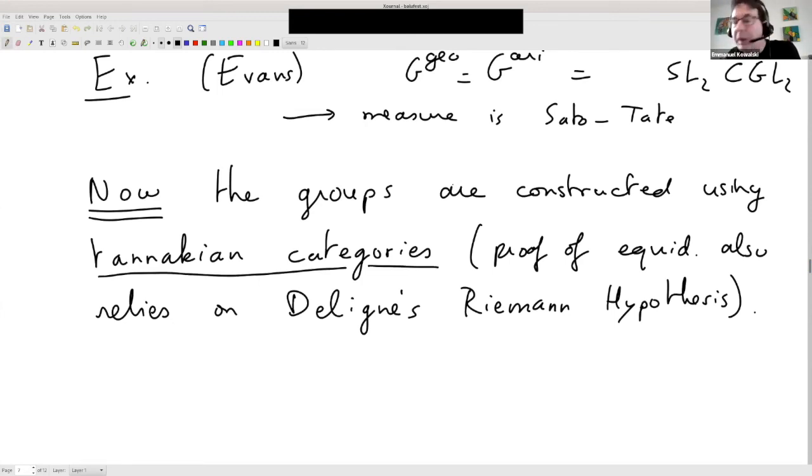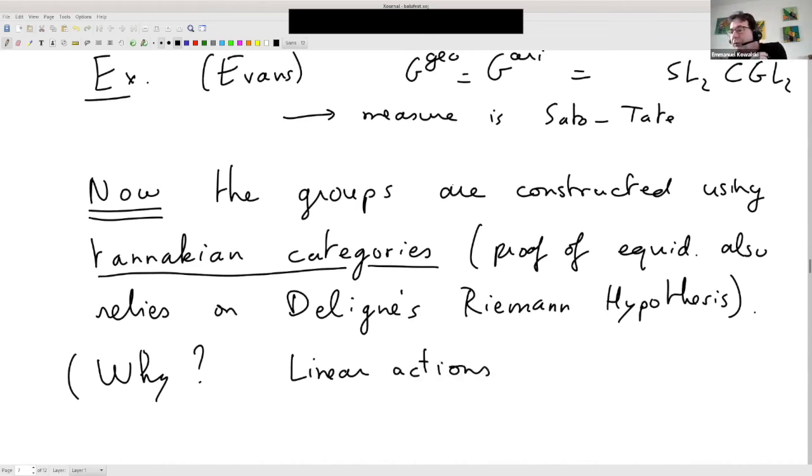So let's maybe take two or three minutes to try and understand why we can get a group out of this kind of situation from a very, very abstract method. In this case, there is, as far as we know, no description with a homomorphism where we take the image or something similar. So what turns out to be the key fact: as I said, the Tannakian description of a group is in terms of its linear actions on finite-dimensional vector spaces.